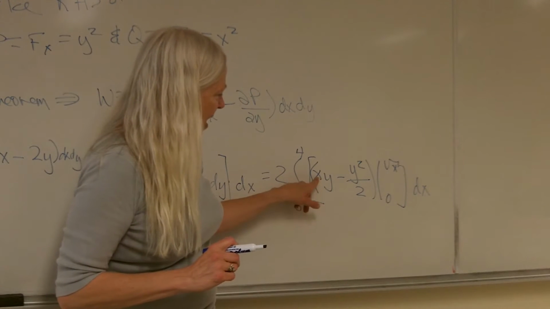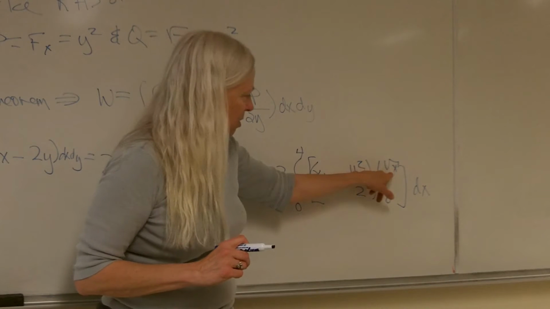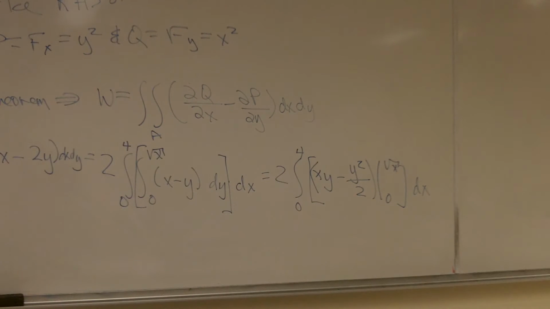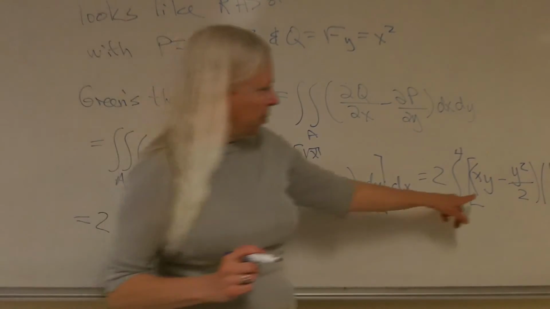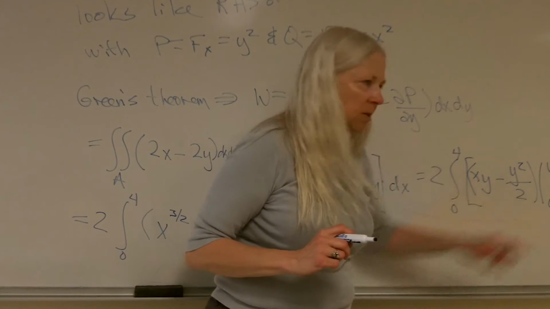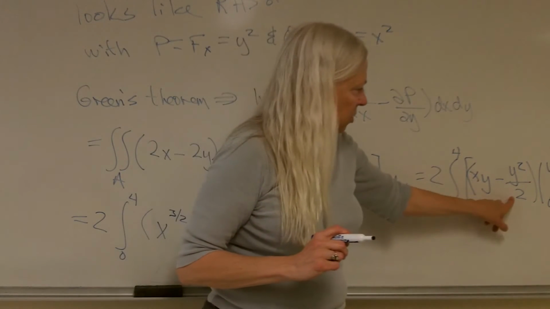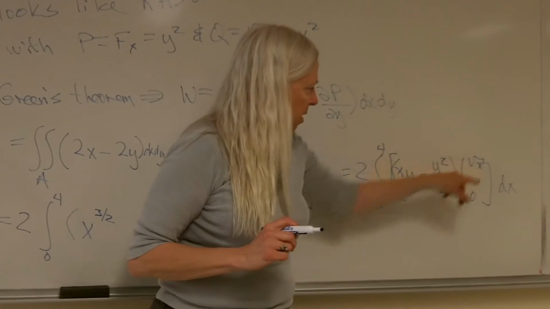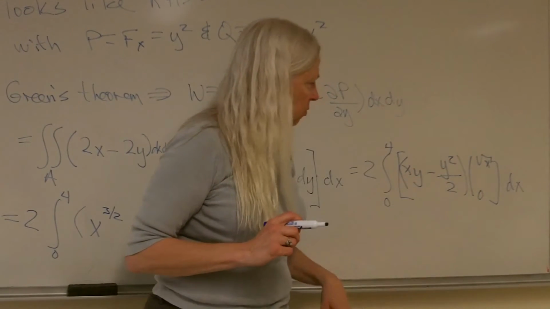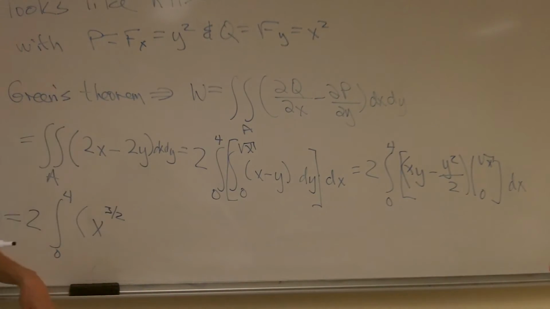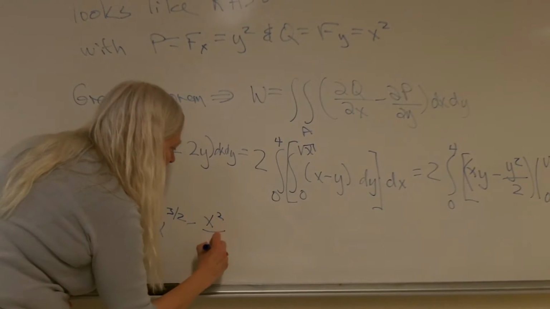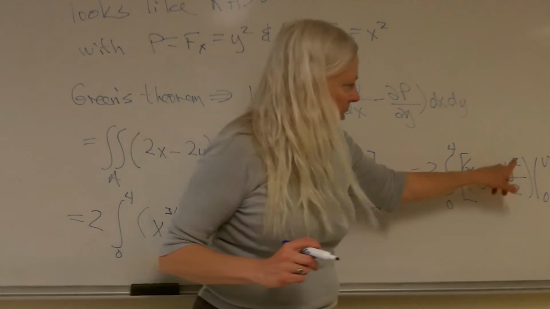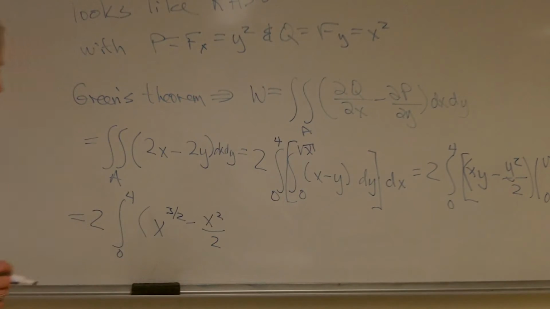So here I got x times, and now for y I'm substituting the square root of x. So that'll be an x to the 3 halves. Of course, 0 from the lower limit when y is set equal to 0. From this term right here, again from the upper limit, setting y equal to the square root of x, y squared will be equal to x. So this will be minus x squared over 2. And again, 0 from the lower limit when I set y equal to 0. Okay?